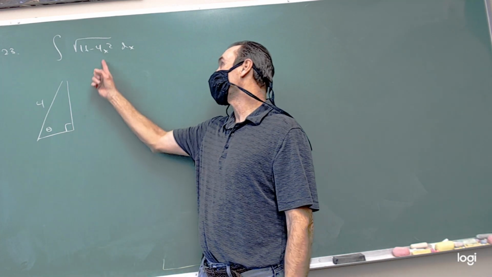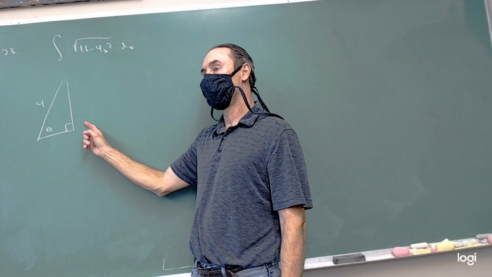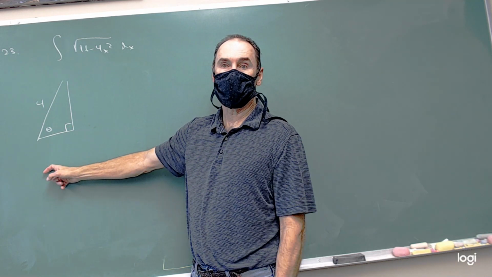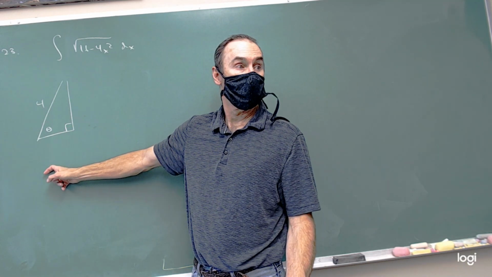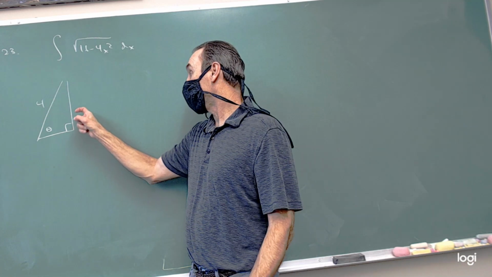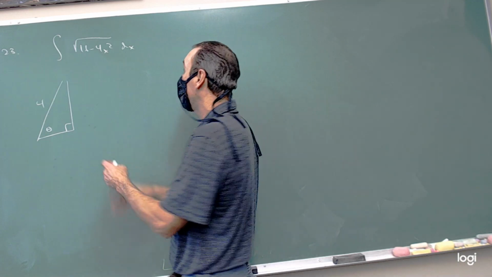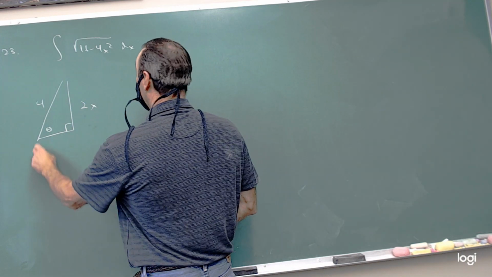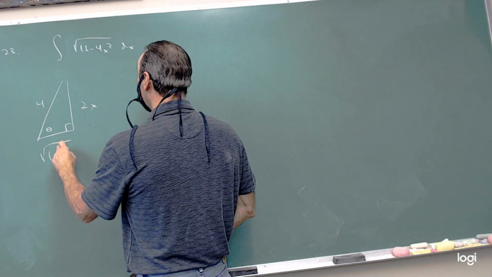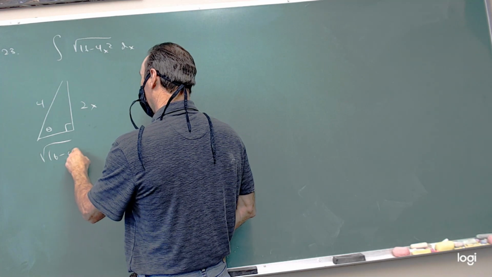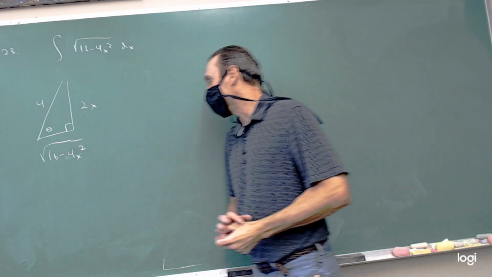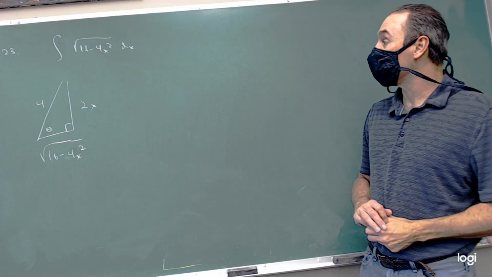One of them is going to be the square root of 4x squared, and the other one is going to be the radical. If I get the wrong one in one place, then I just switch it around. So I'm going to guess 2x and the radical here. Even a blind squirrel finds a nut once in a while, right?